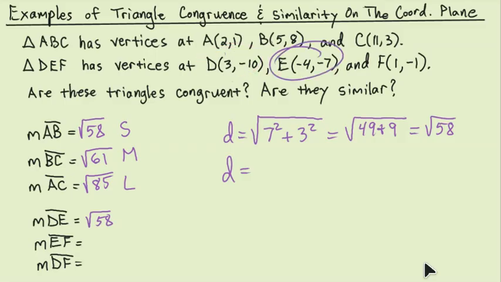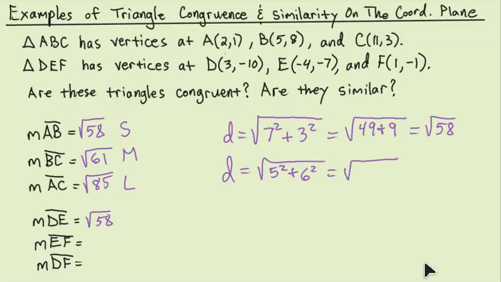Here's D and here's E. How far is 3? We just did DE. I'm sorry, we're doing EF. So E to F. How far is negative 4 from 1? So negative 4 and 1 are 5 units apart. So that's the square root of 5 squared plus, and then how far is negative 7 from negative 1? Those are 6 units apart, so we'll do 6 squared.